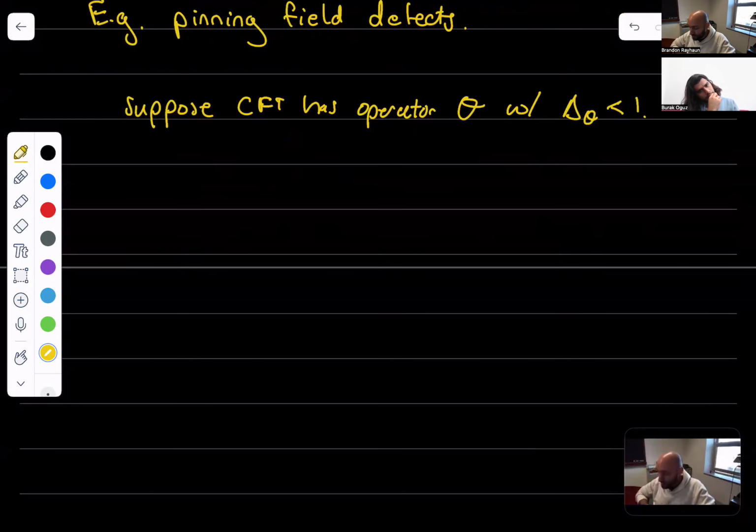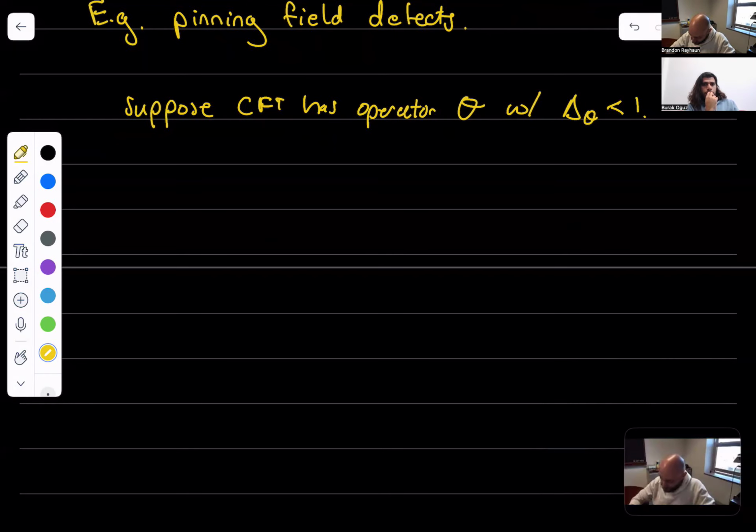In this case, this local operator is relevant if you were to use it to deform the bulk, but because its dimension is less than 1, it's also relevant even if you just integrate it along a line in space-time. So it's relevant with respect to line defects.